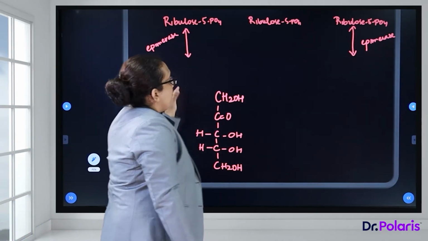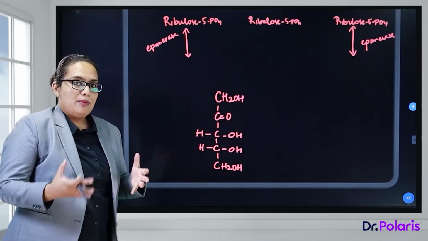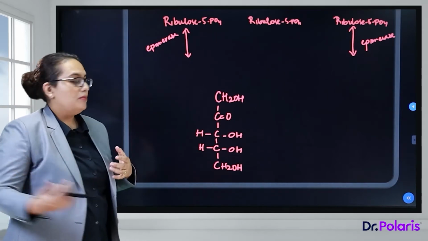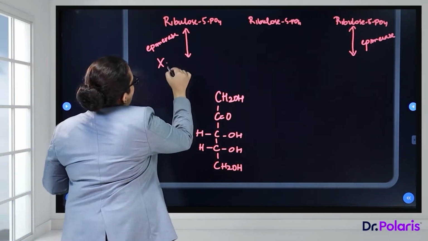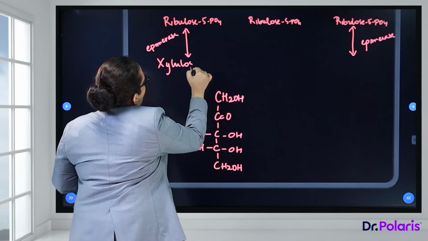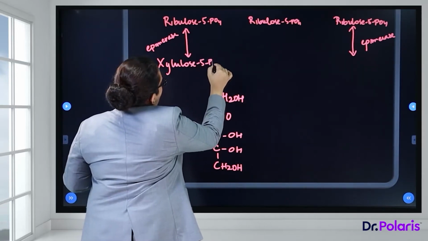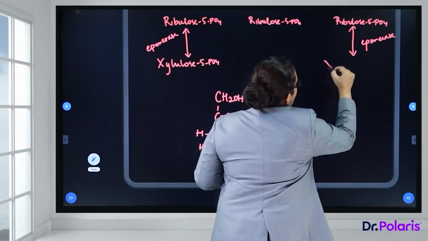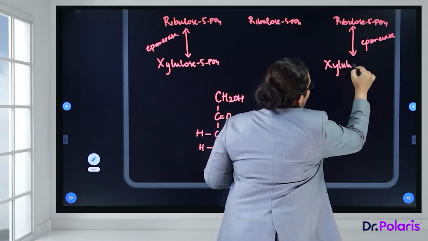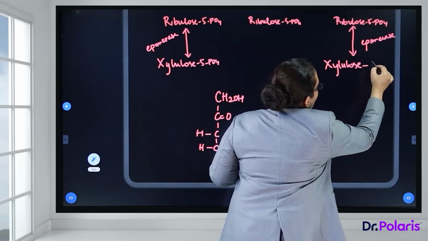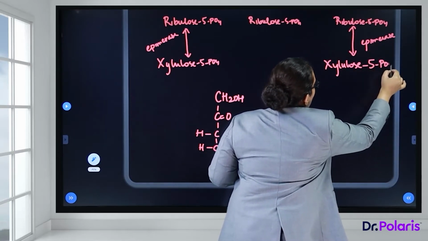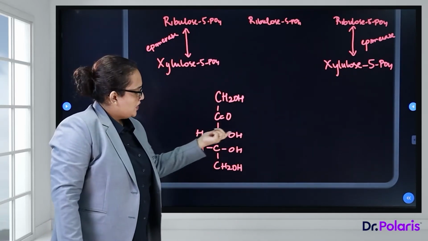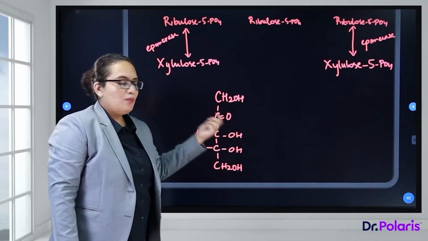Now, in the step which is catalyzed by epimerase, you have an epimer form of ribulose 5-phosphate formed next, known as xylulose 5-phosphate. Again, xylulose 5-phosphate is a keto sugar, but xylulose is a C3 epimer of ribulose 5-phosphate, meaning at the level of the third carbon atom, there is a change in the orientation of the hydroxy group as well as the hydrogen.